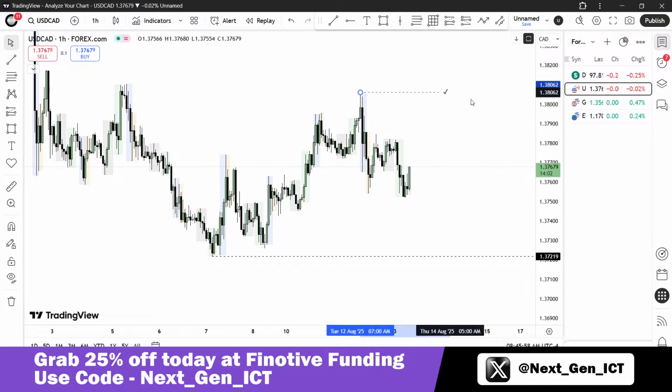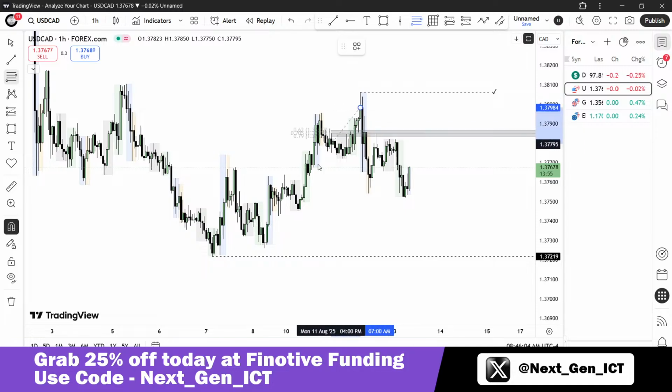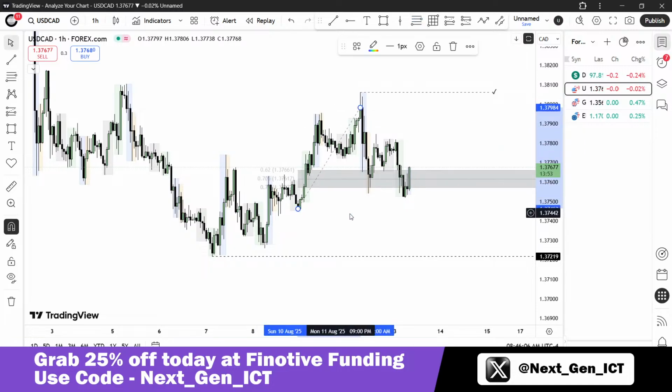If USD continues higher, then this would be the target for USD. You can measure the pips from that high to this low.